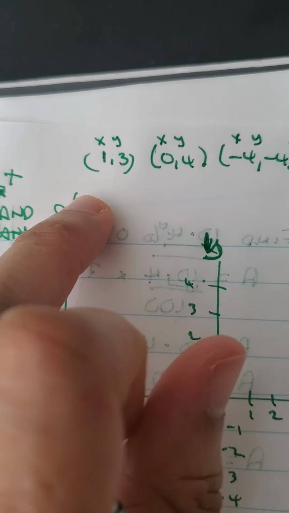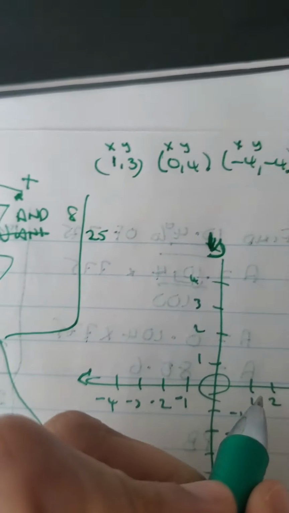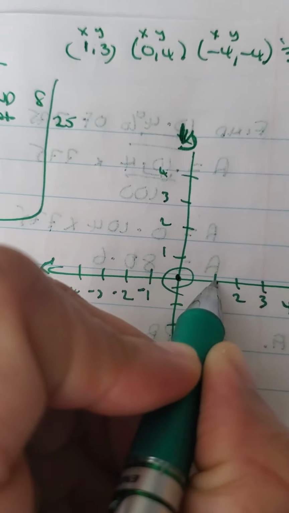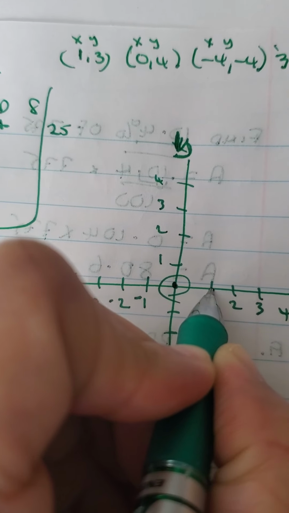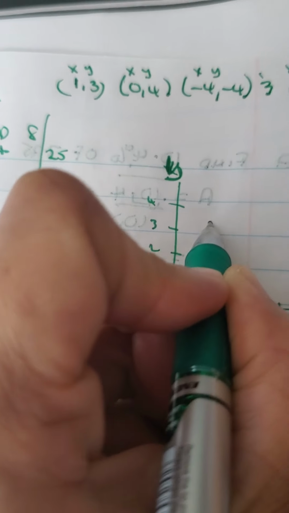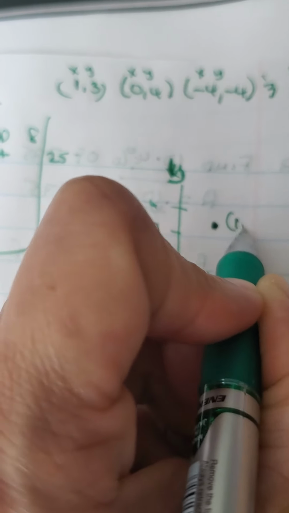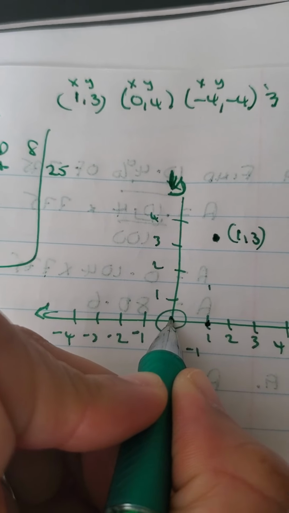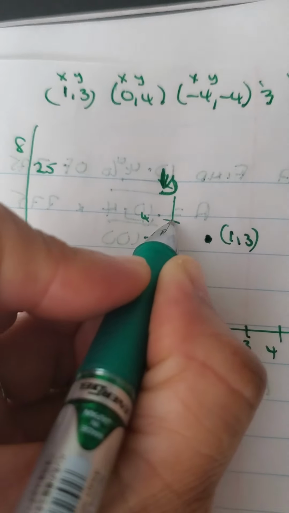The first pair says when x is +1, y is +3. So we start from the origin, go right to x, and then from x we go up 3 places. 1, 2, 3. Should be somewhere around here. Our next value says that when x is 0, so we stay at the origin, y is +4, so it's somewhere here.